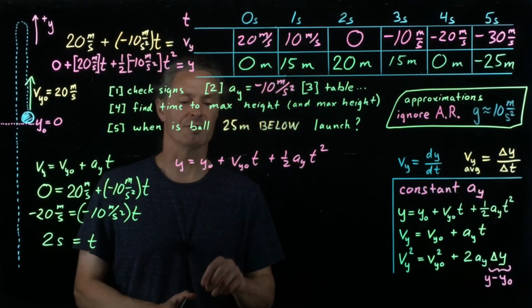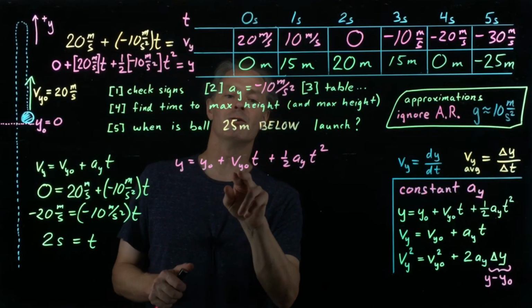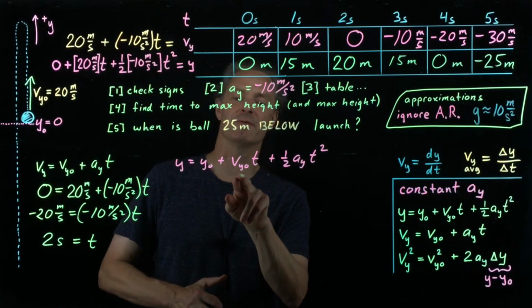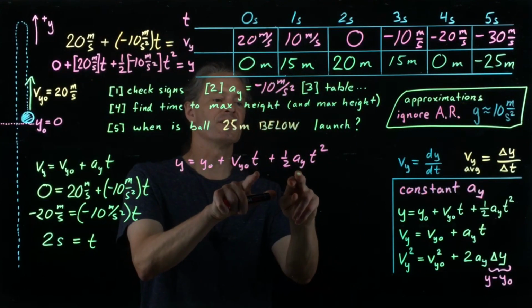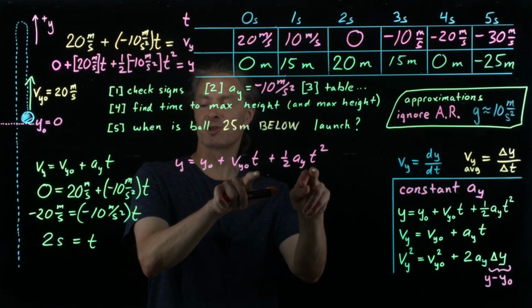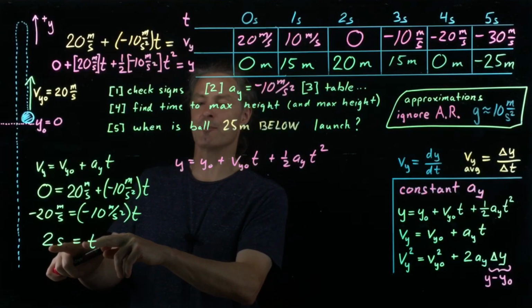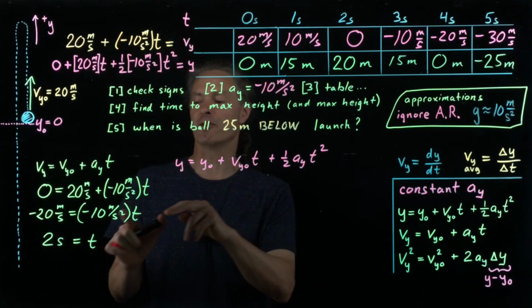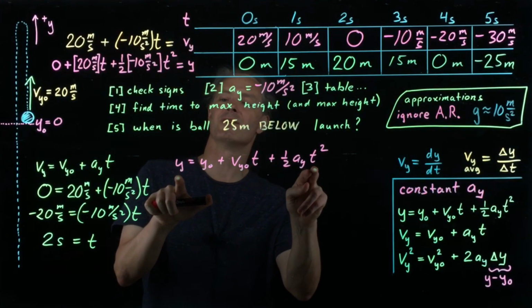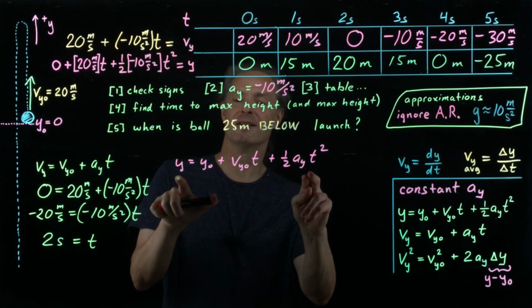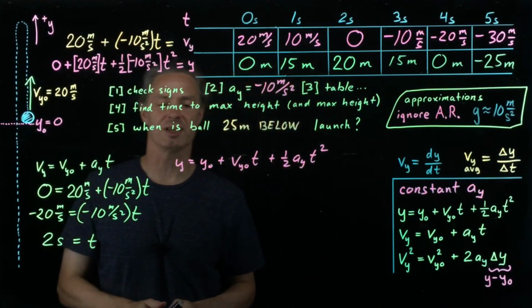Now everything in here is known. Y sub 0 is 0, v sub y0 is positive 20 meters per second, a sub y is negative 10 meters per second squared, and the time, we're going to plug in time equals 2 seconds because we want the time corresponding to the maximum height. So if we plug in t equals 2 seconds for the time, this y will give us the y corresponding to maximum height. So let's rewrite this with all those things in there.